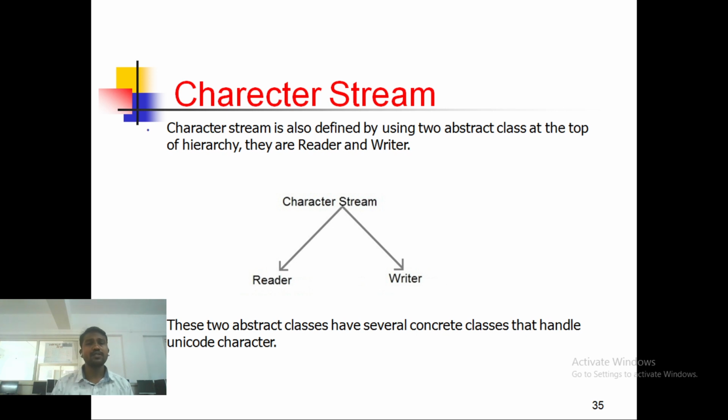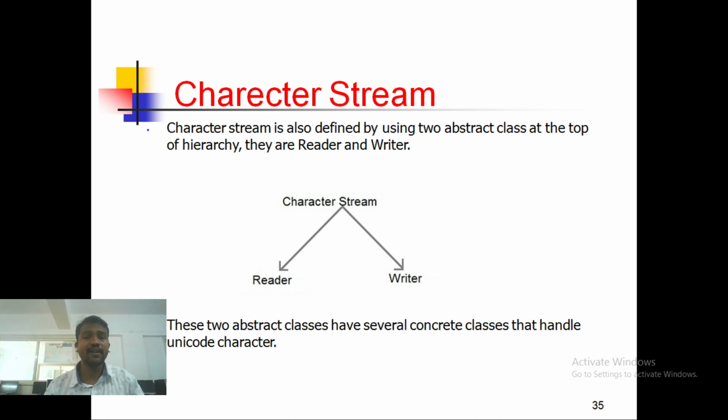In the same way, the character stream class is a type of class which is used for reading as well as for writing purposes. In byte stream classes we work with byte oriented data, but in character stream we work with character oriented data. There are two abstract classes in character stream.